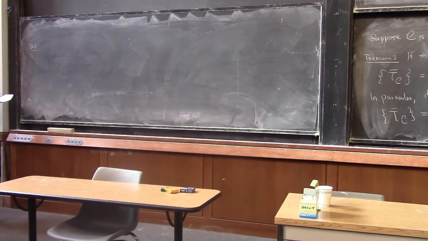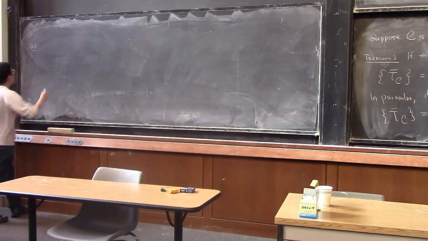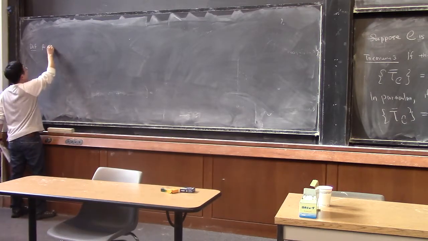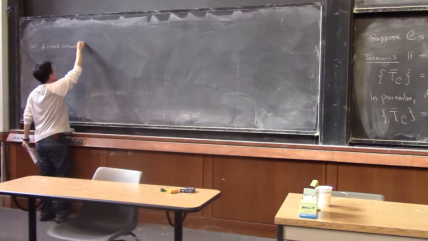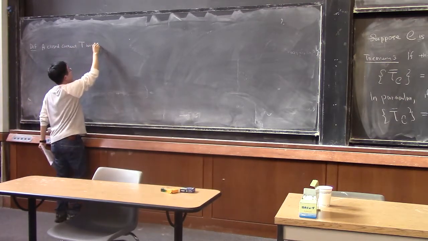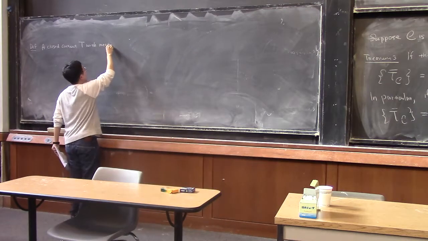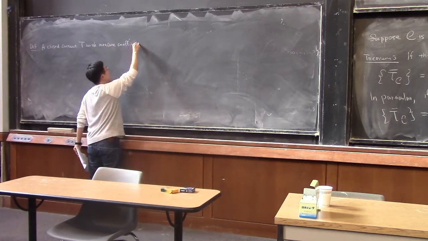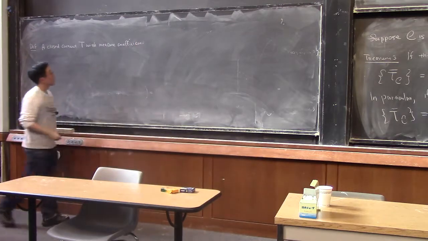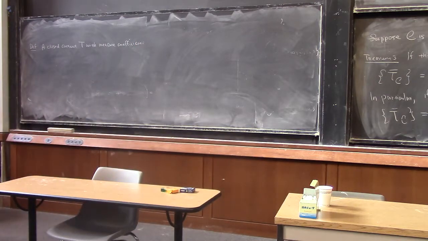So let me give you a definition. If you have a current, say with measured coefficients, this means that it acts on continuous functions, not just on smooth functions. So it's a minimal regularity assumption that you need.